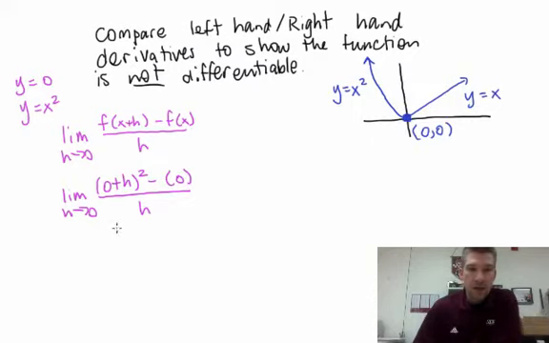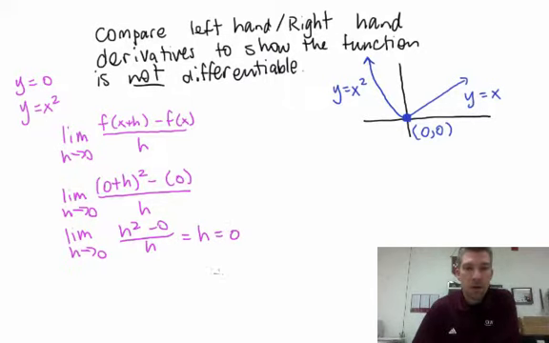You're going to end up with h squared minus 0 on the top. You can factor an h out of the top and bottom, which gives us this. And when you substitute in 0, we get 0. So the derivative at 0 is 0.